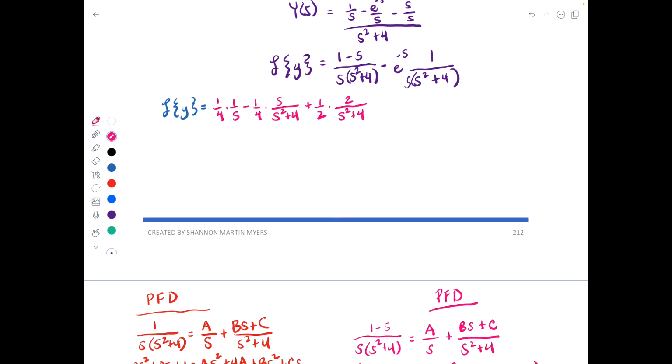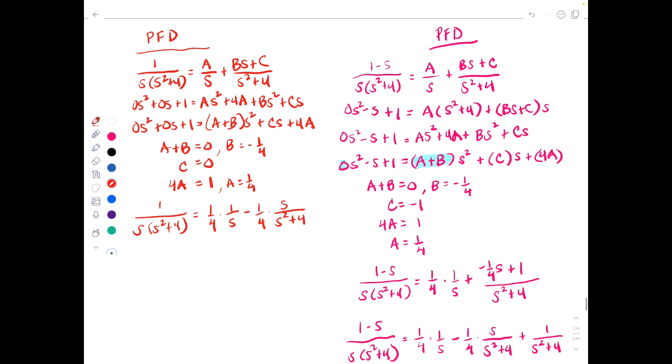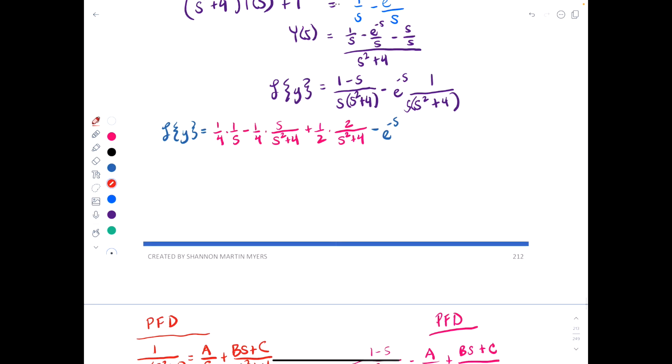And then from that we subtract e to the negative s times the one we did in orange, that faster one. So that one's just going to be times 1/4 times 1 over s minus 1/4 times s over s squared plus 4. All right, quite a problem, huh?